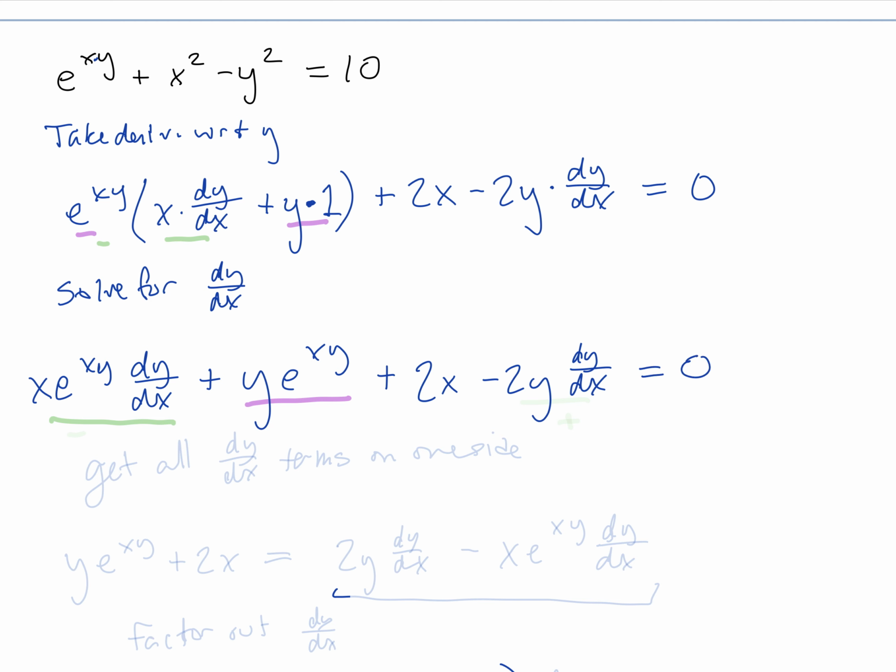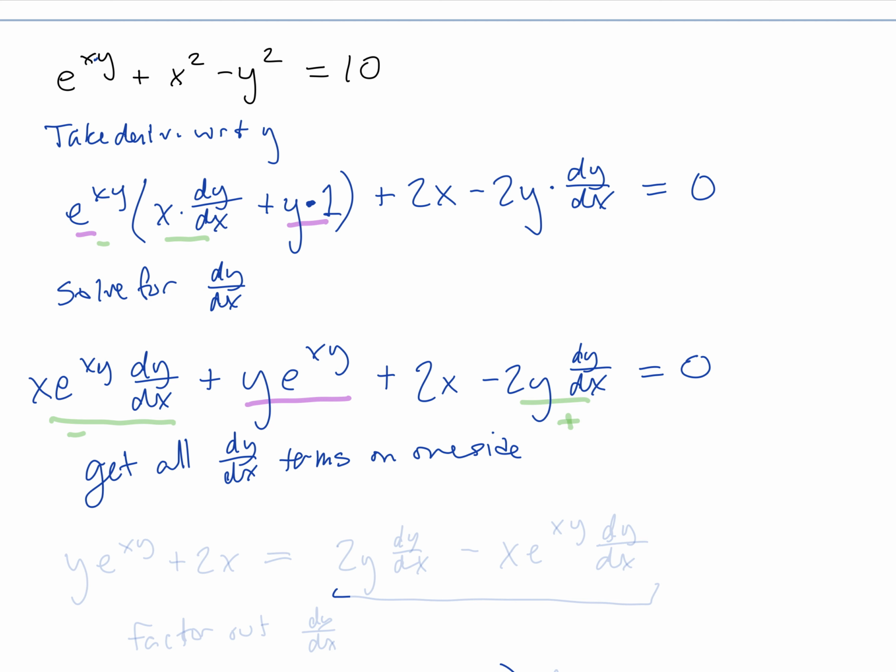So now let's get all dy/dx terms on one side of the equation. Which terms have a dy/dx in them? The first term has a dy/dx and the last term has a dy/dx. So let's subtract this one and add this one to the other side.